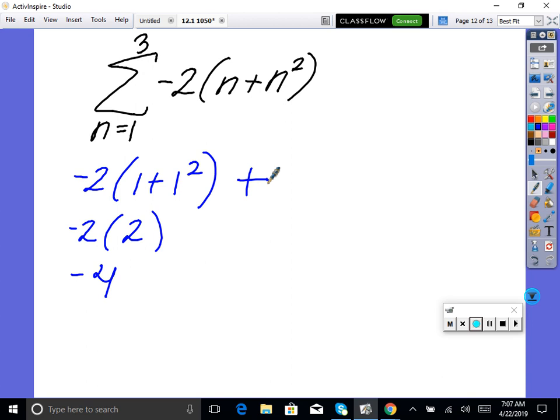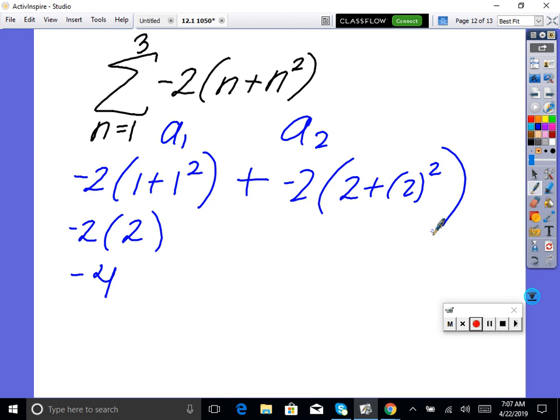Then plus, we could plug in a sub 2, wouldn't that be negative 2 times (2 plus 2) squared? So that'd be negative 2 times 4 squared, which is negative 32. You guys see what I did? So you don't have to split it up.